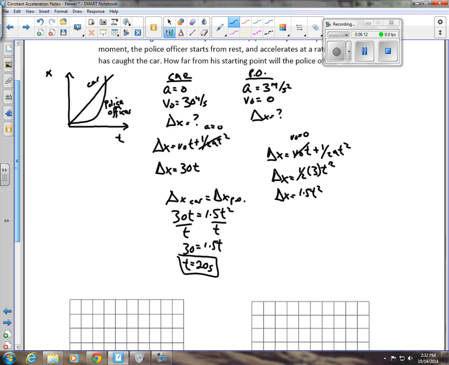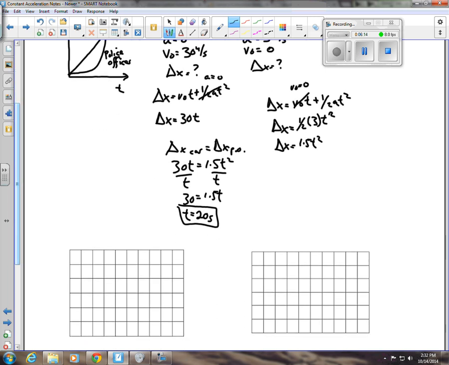Now, I can find the velocity of the police officer if I want at that point. And his velocity is going to be 60 meters per second. I can also find his position. Up here I have the equation delta x equals 1.5 t squared.